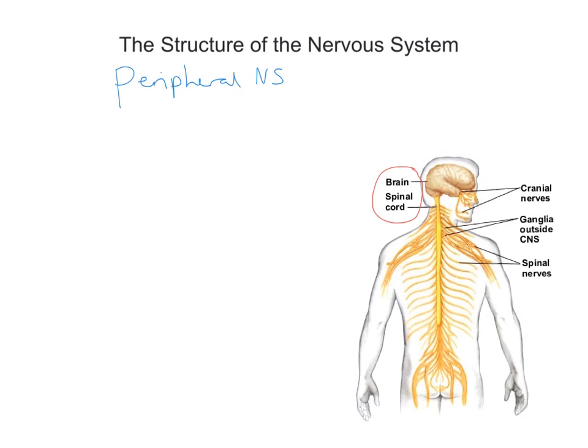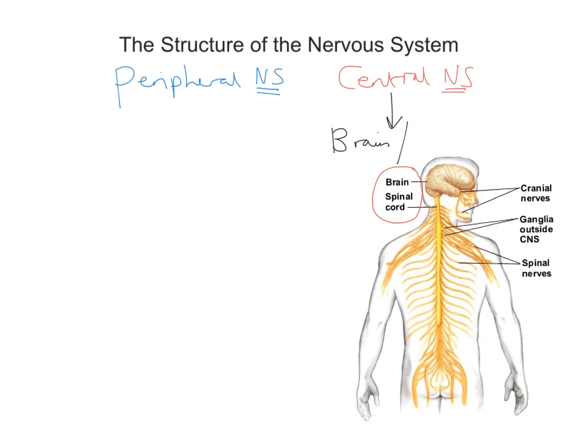I'll just write NS for nervous system, just for speed's sake. And we've got the central nervous system. Now, the central nervous system comprises of, as I've said, the brain and the spinal cord. So we'll just make a note of that there.